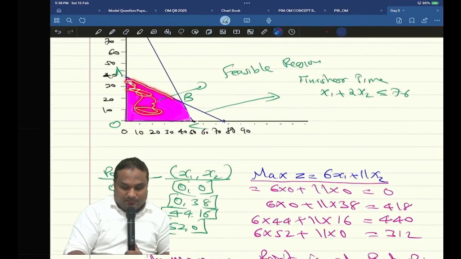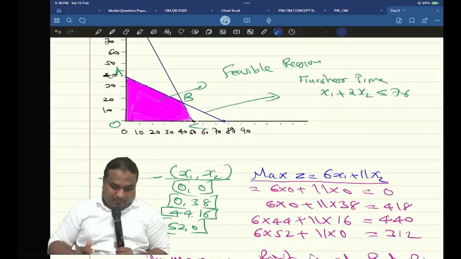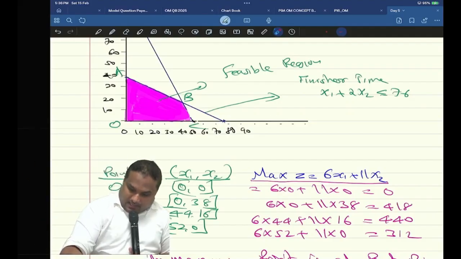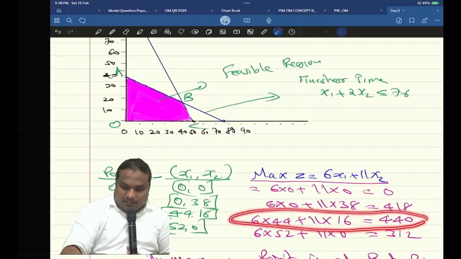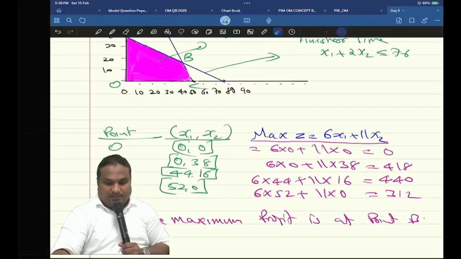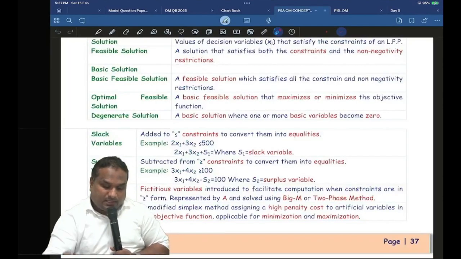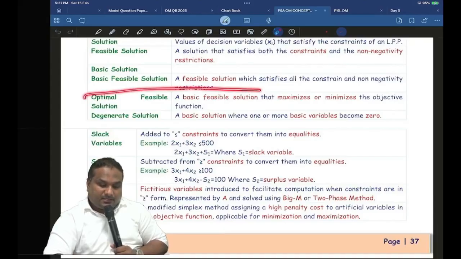Any solution which comes anywhere in this region is feasible. Among the answers, the one having the highest profit, if it is a profit related question, is called the optimal solution. What is that? Optimal.